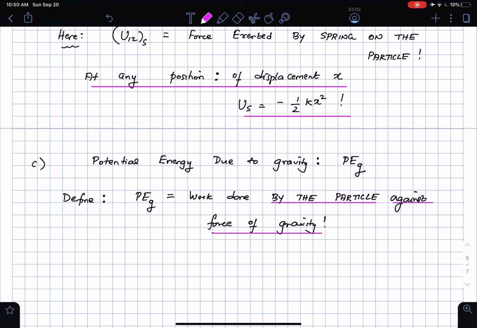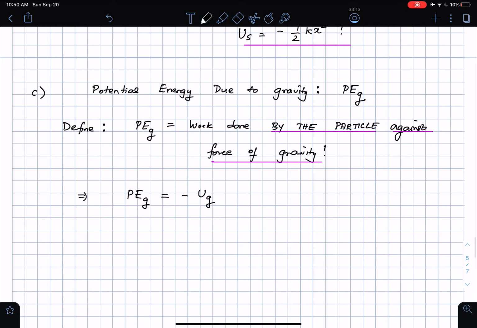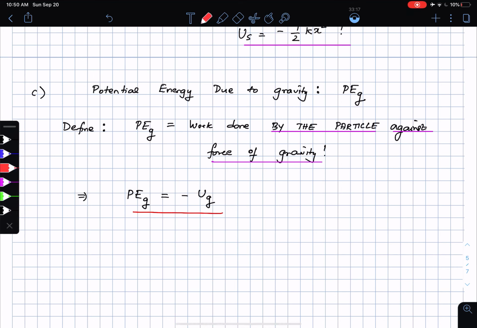All right, if I go back to our previous situation, this tells me that PE due to G is minus UG. This is because UG is the work done by the force of gravity on the particle. Once again, not a straight line, bear with me.